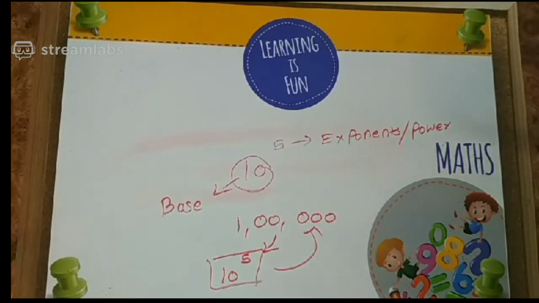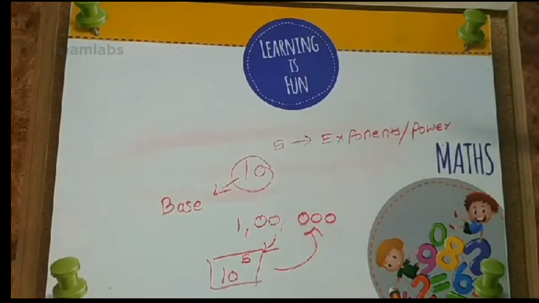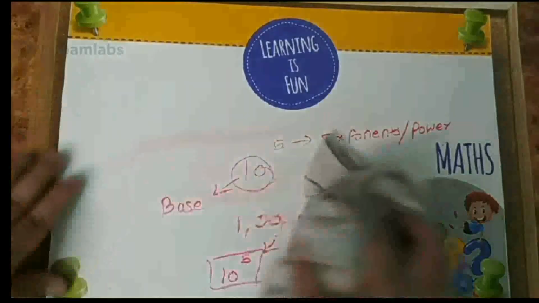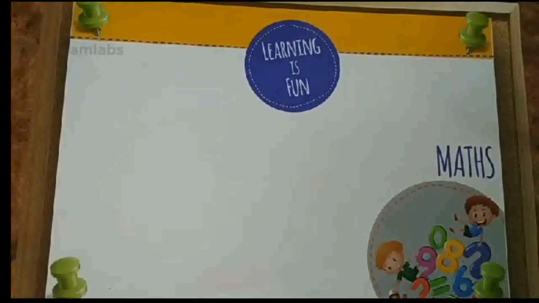So today we are going to start with the laws of exponents. There are different laws of exponents. The first law is multiplying numbers with the same base and different exponents or powers.